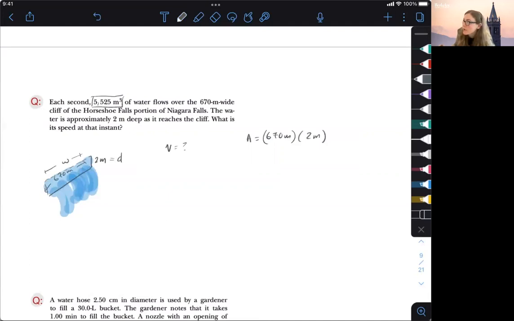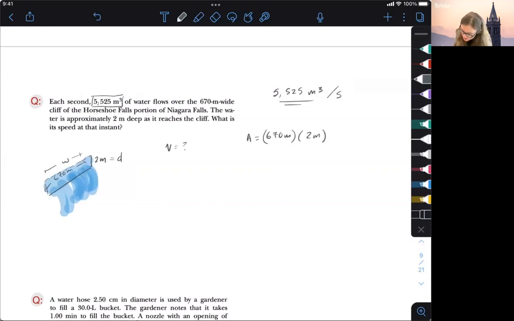Oh, sorry, each second. So we have a flow right here, 525 meters cubed, and we know that this is per second, right?